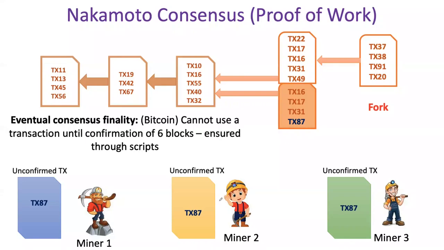Some of the examples of the Nakamoto consensus algorithm follow the proof of work. It has been proposed that this proof of work puzzle can be designed in such a way that it serves two purposes.